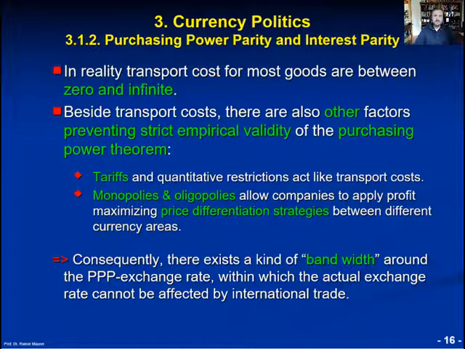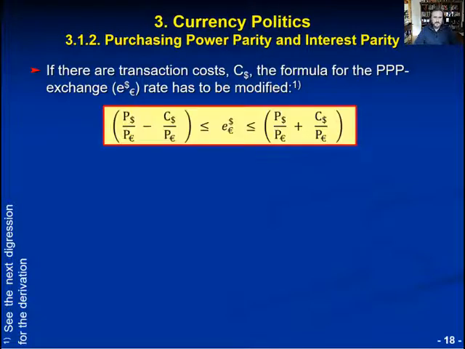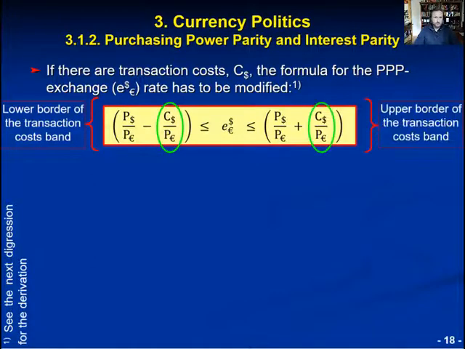We can determine this bandwidth based on simple algebra, as the following digression shows. Let's have a look at the resulting equation of this calculation. If there are transaction costs measured by uppercase letter C in terms of dollar, the actual exchange rate is free to move between a lower and an upper border around the purchasing power parity exchange rate.